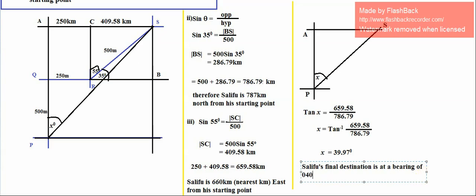Remember, this is a 3-digit bearing, so we round this one to 40, but it must be preceded with 0, so 040 degrees from his starting point.